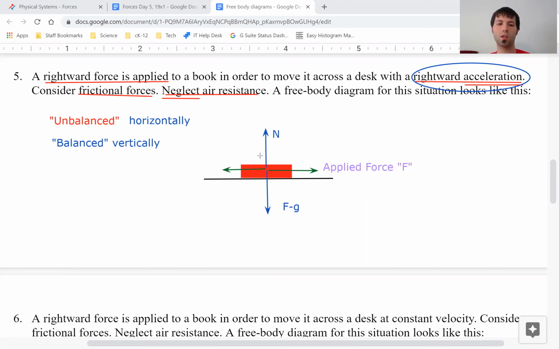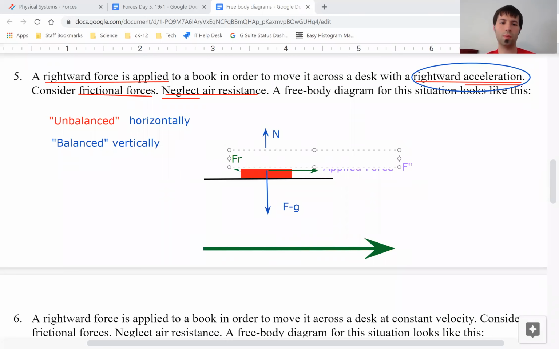This is an acceleration. So since there is definitely a motion to the right, I should make that arrow a little bit smaller to say that, hey, there is friction here, but it's a smaller force. So I'm just going to label that friction. And whenever you do friction, you can always abbreviate with a lowercase f. F for friction.